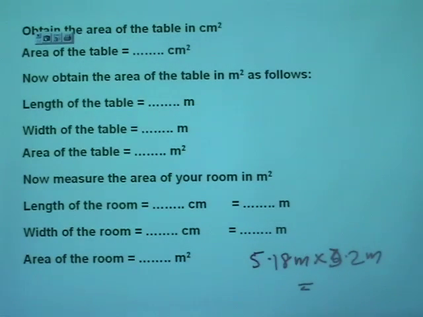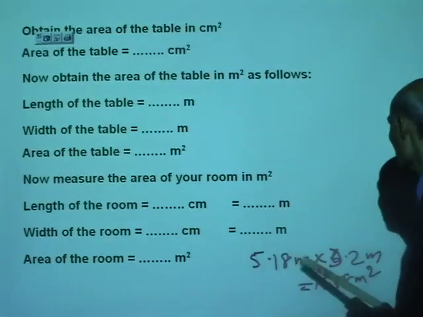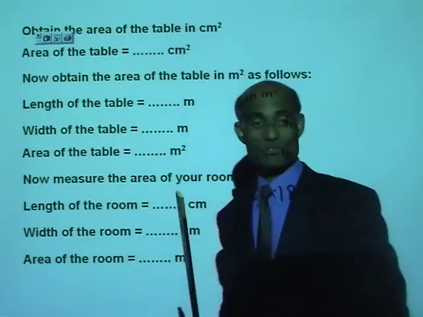What is that equal to? Well, 5.18 multiplied by 3.2, I got it as 16.58 square meter. Alright? So the area of my room is 16.58 meters square.